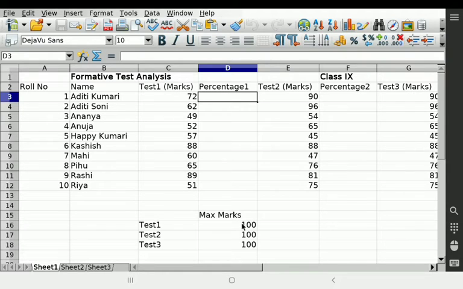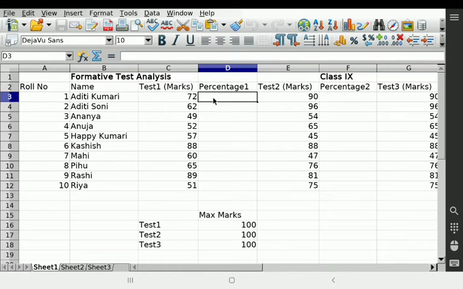It may be changed according to the total marks, means maximum marks, whatever is allotted by the teacher. Maybe it is out of 50, maybe it is out of 80. Here I have taken out of 100.